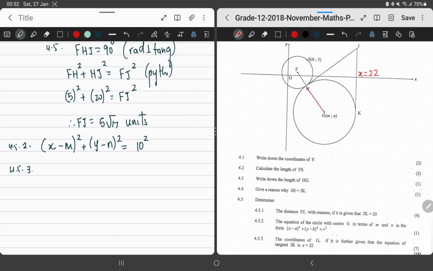We have this radius being 10. And of course, GK is a radius as well. This is 10, and then that's 90 degrees. So the line of y here is y equal to n.